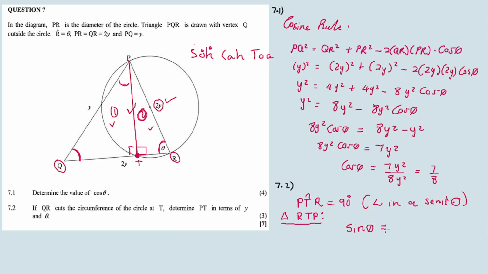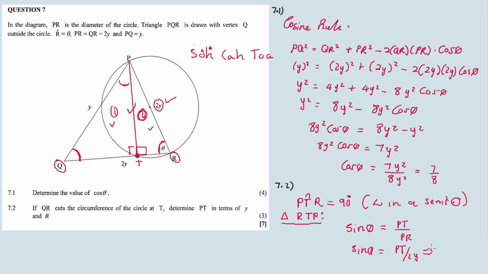Sine theta is equal to the opposite, PT, divided by the hypotenuse, which is PR, which is 2y.